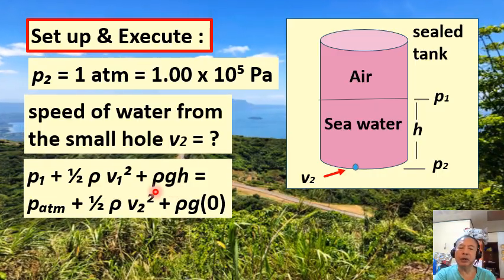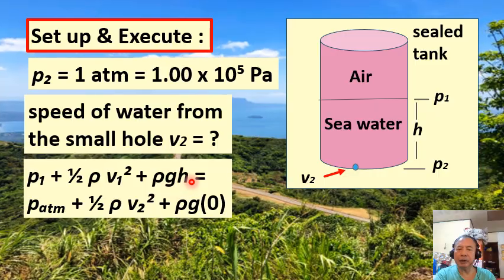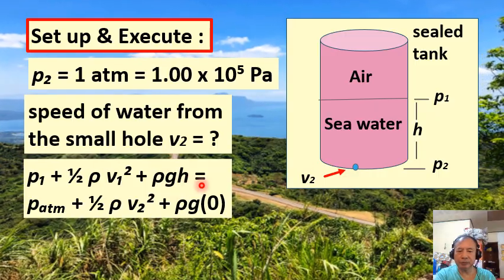That is rho times g times the given height h.